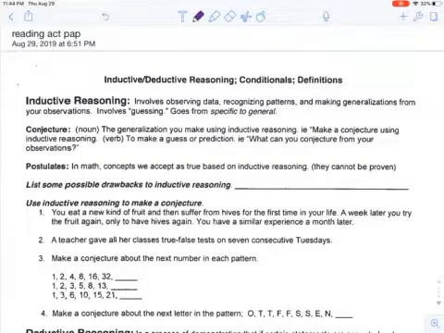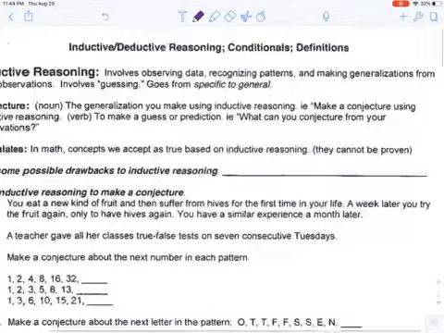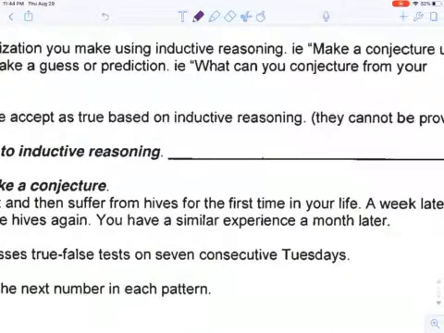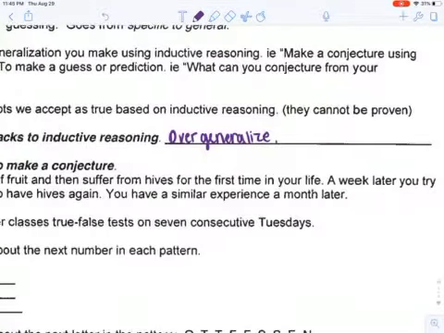So starting with the first page, it asks us to list some possible drawbacks to inductive reasoning. Some possible drawbacks to inductive reasoning is that you overgeneralize. Also, that one counterexample can shatter your reasoning.